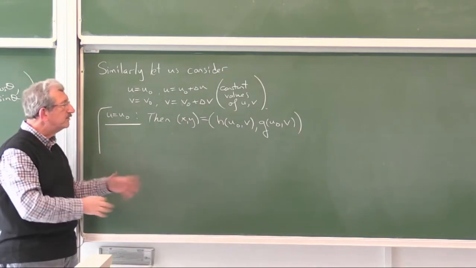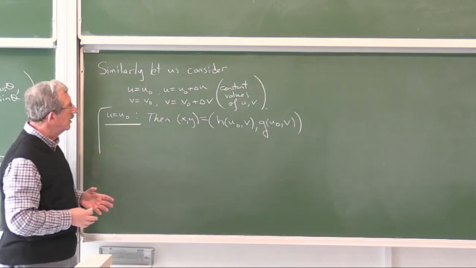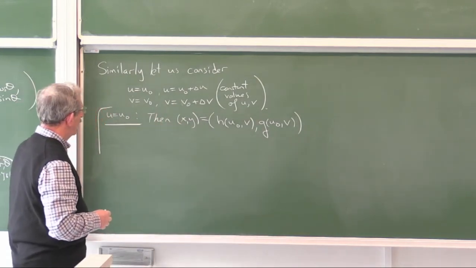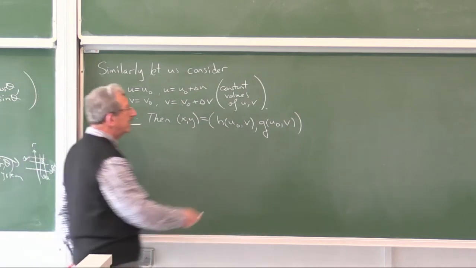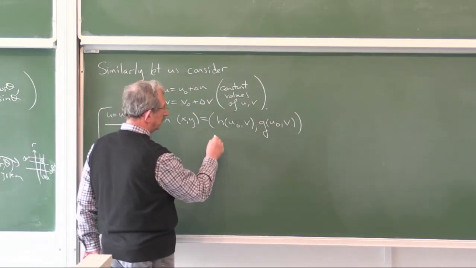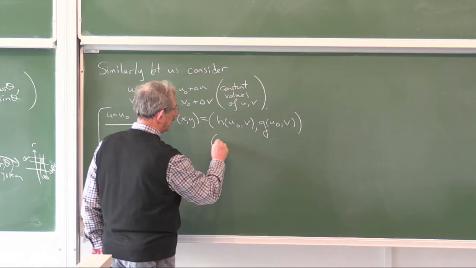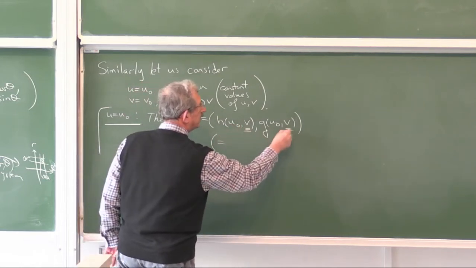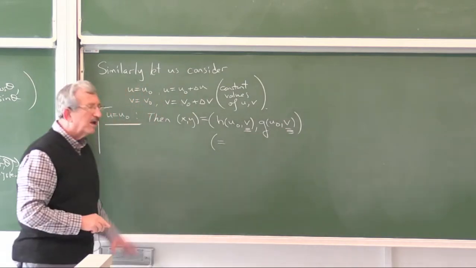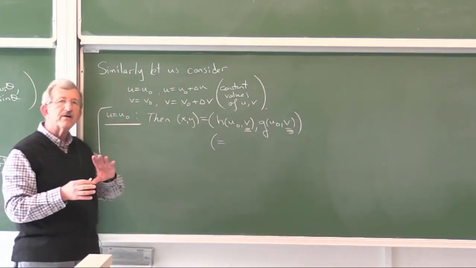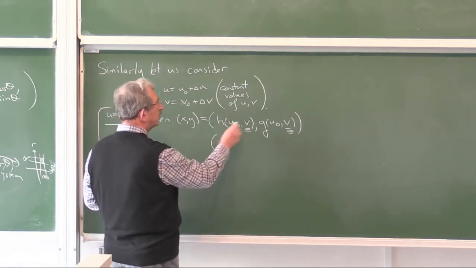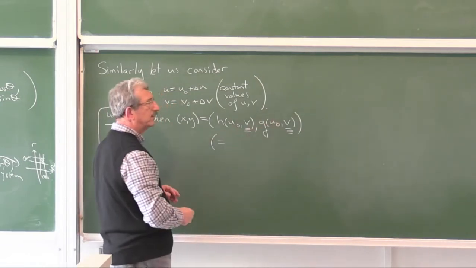U is constant, V is arbitrary, depending on the point. Now, if U is constant, then this looks like a function depending on one variable here and one variable here. You can think of V here as t, so it looks like a function of t, another function of t.